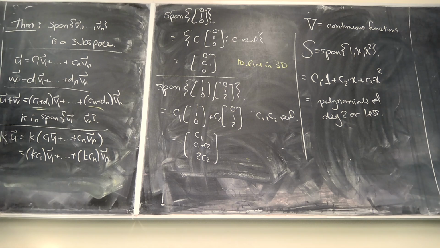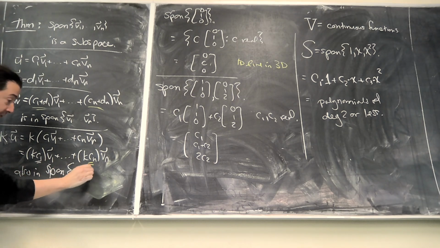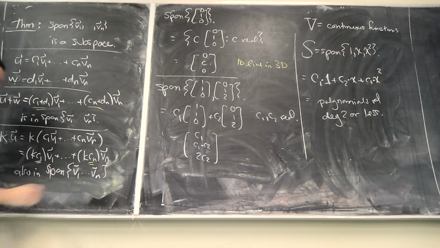This is scalar times v1, scalar times v2, scalar times v3, until you get out here to scalar times vn. This is also in the span of v1 through vn. Closed under addition, closed under multiplication means it's a subspace.